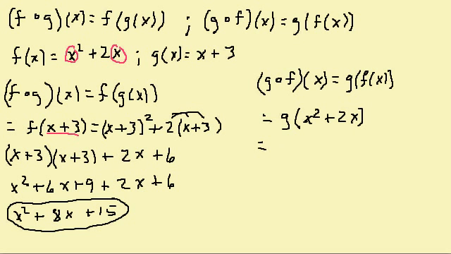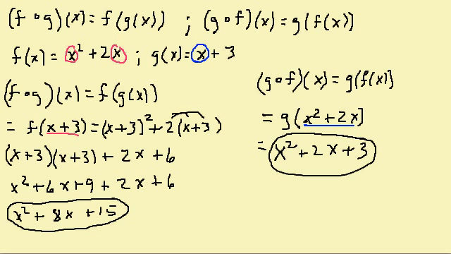So now g of x squared plus 2x, we're going to take x squared plus 2x and we're going to plug it in g for x. So this is going to give us x, and in the place of x we plug in this function x squared plus 2x plus 3. And there's no like terms to combine, so here's our final answer.